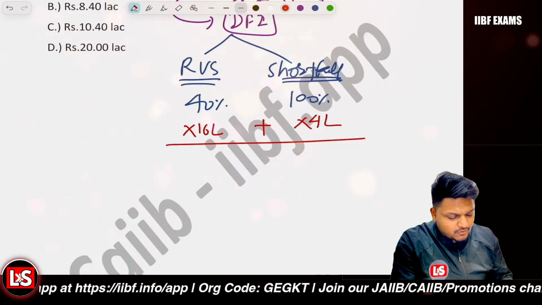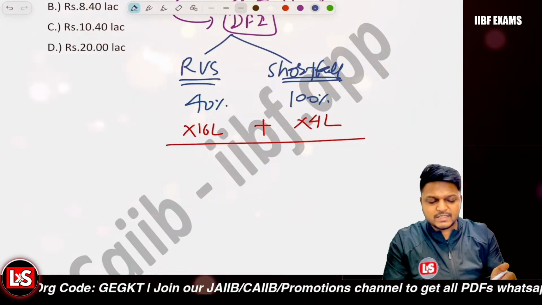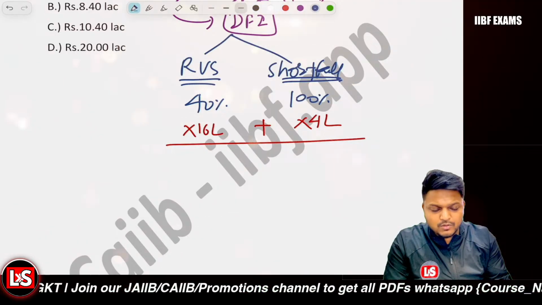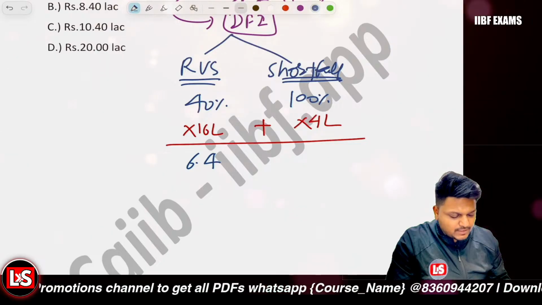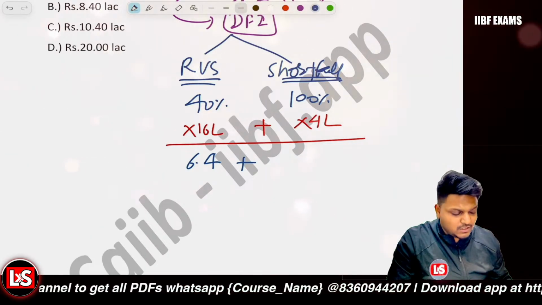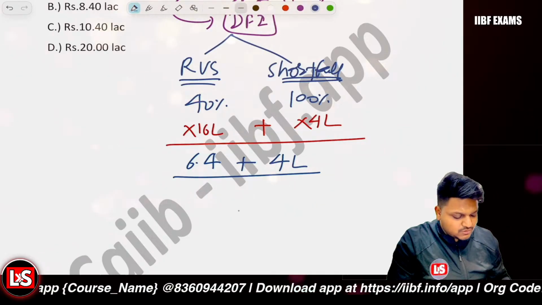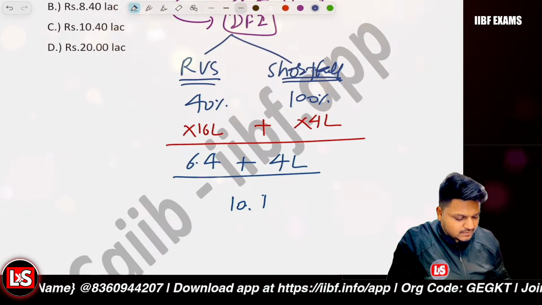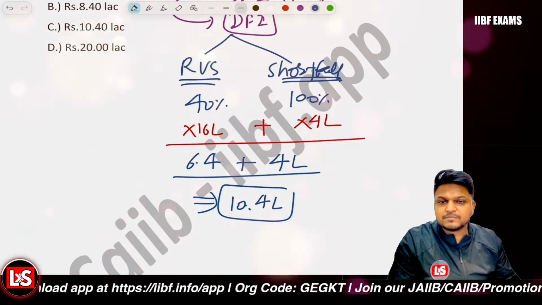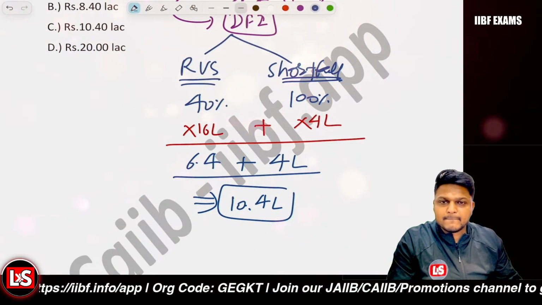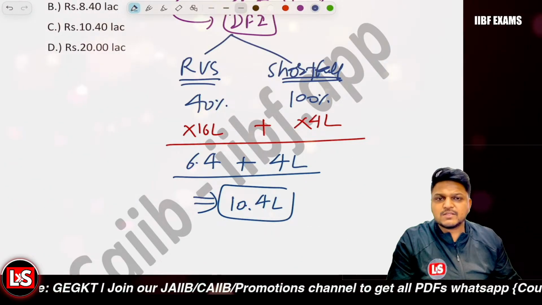So it is 40% of the 16 lakh, that is 6.4 lakh, plus 4 lakh toward the shortfall in security. So it is 10.4 lakh. That is the provision which is to be maintained for this account.